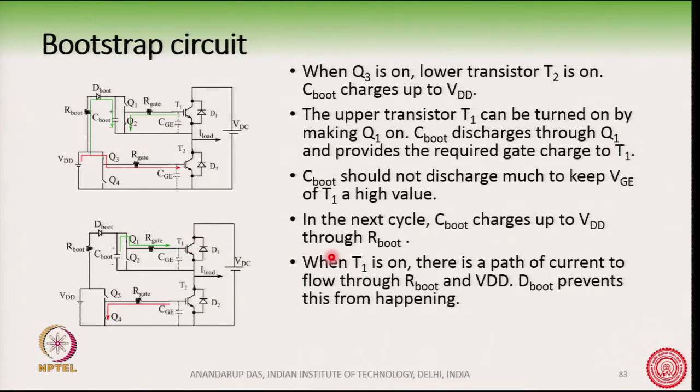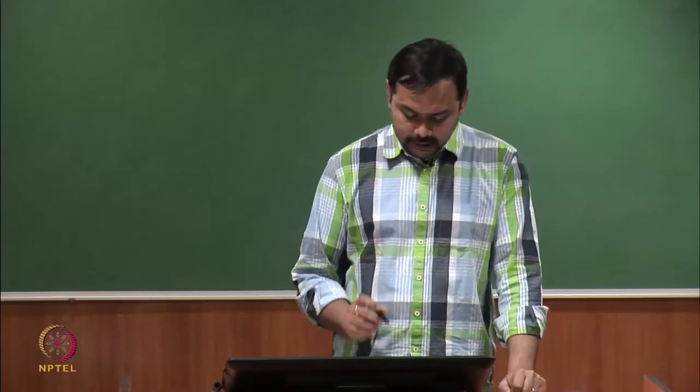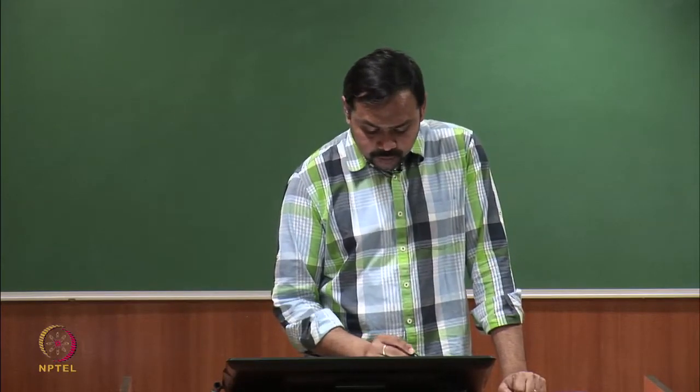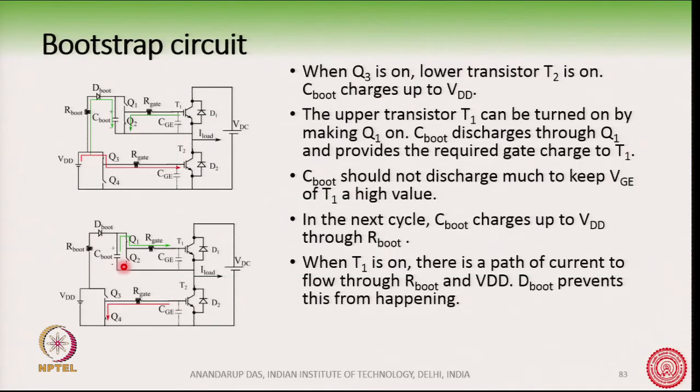We would like to keep the VGE high, so that the on-state VCE on is a small value. So, we should choose a high value of C boot, so that it does not discharge much and the VGE voltage does not fall.